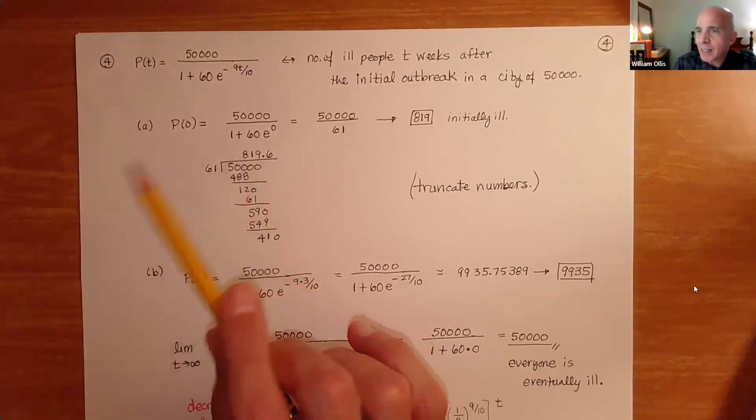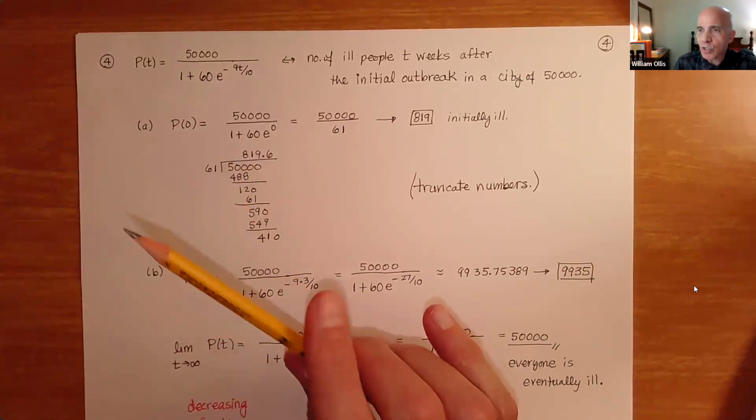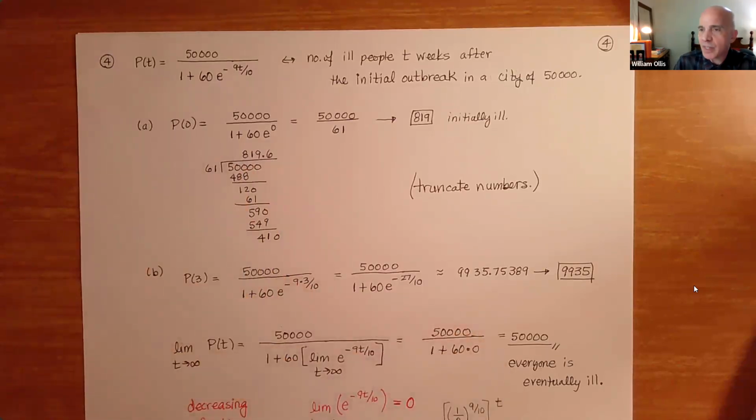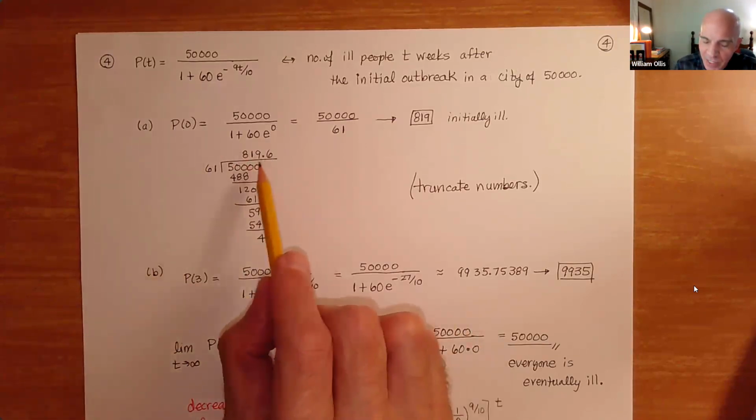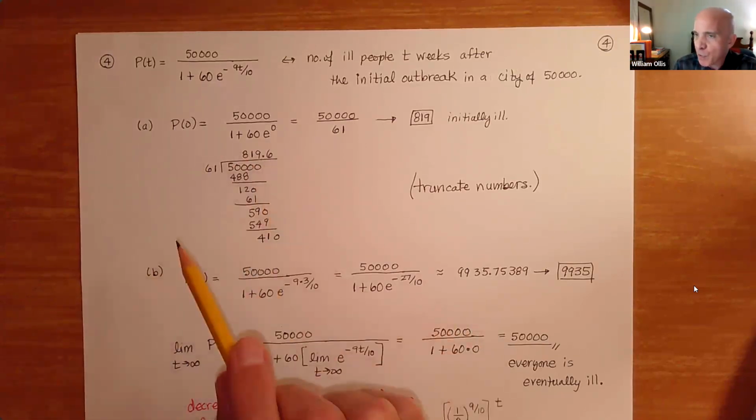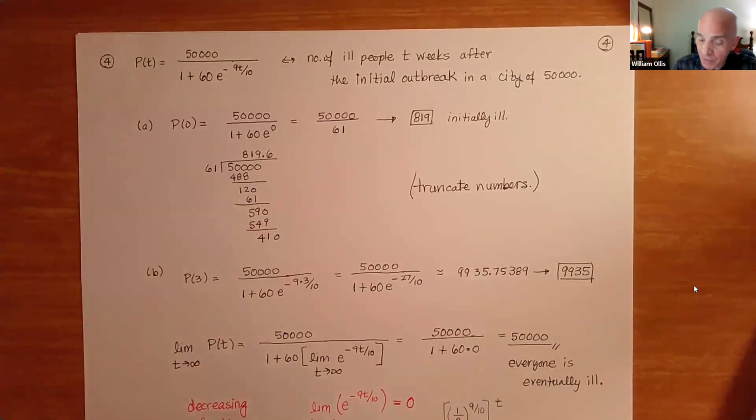So when we divide, we get 819.6. Now, in problems in calculus, when you're looking for the number of subintervals to achieve a certain precision for an approximate integration, you always move up to the next integer value for subintervals. But here we don't really consider 6/10 of a person, so we truncate the numbers.